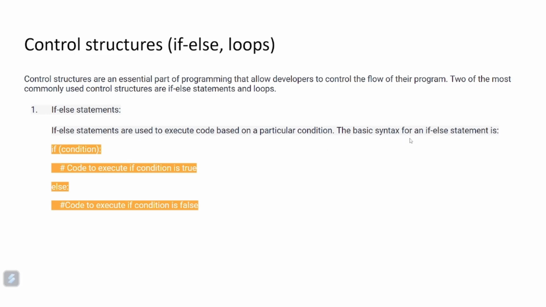The basic syntax for an if else statement is: if 5 is greater than 2, then we can print true, else we can print false. Here where the condition is written, we put our condition according to the program.